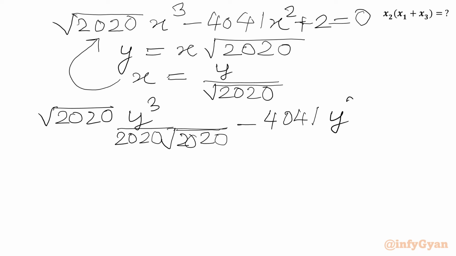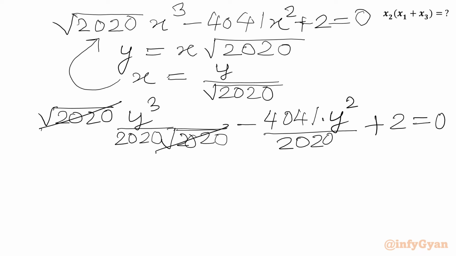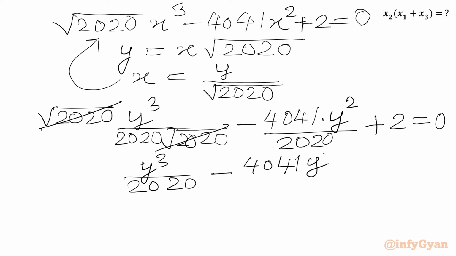So we'll be writing y square over square root 2020 whole square, which will be 2020, plus 2 equal to 0. Now we can cancel square root 2020 from numerator and denominator, and we will get y cube over 2020 minus 4041 y square over 2020 plus 2 equal to 0.